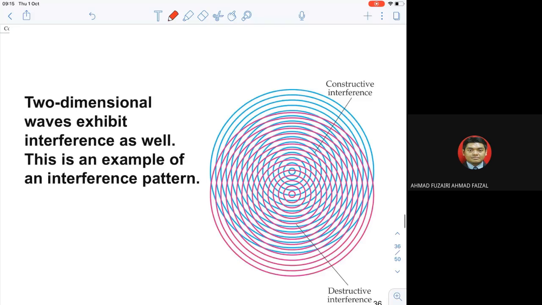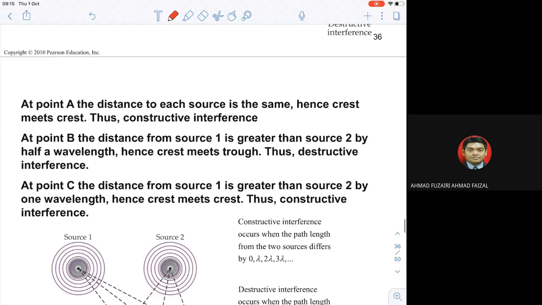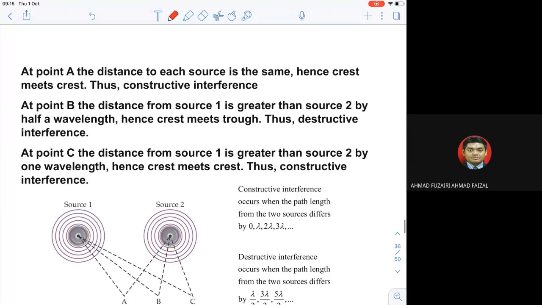Two-dimensional waves exhibit interference as well. This is an example of an interference pattern. So how can we define constructive and destructive interference using this kind of picture? Don't bother much about how to draw the pattern of constructive and destructive interference.